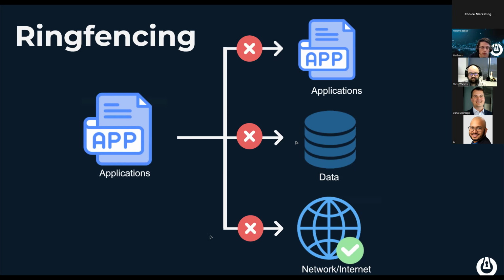Your Chrome browser, for example, yes, it needs access to the internet, but does it need access to all your files? Does it need access to PowerShell, the command prompt? With ring fencing, you can limit what the applications can do in your environment. They can do what they're supposed to do, but you can also prevent them from reaching out to things that they shouldn't.